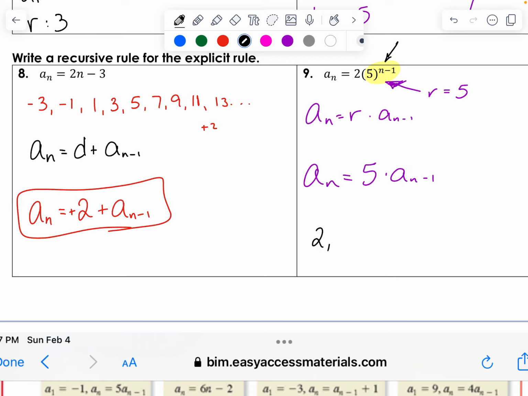For n equals 2, I end up with 5 to the first, 2 minus 1. So 2 times 5 to the first is 2 times 5 is 10. Now if n equals 3, what I get is 2 times 5 to the 3 minus 1. 2 times 5 squared, or 2 times 25, is 50. And I could keep going, but it looks like I'm multiplying by 5. So my rate is 5.